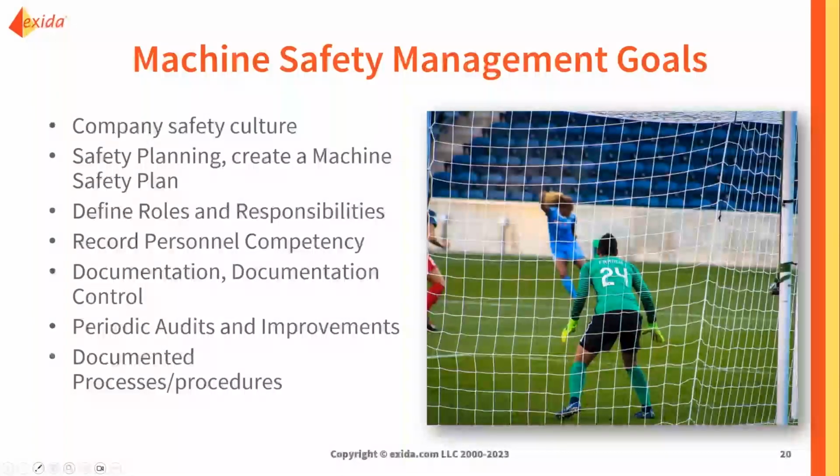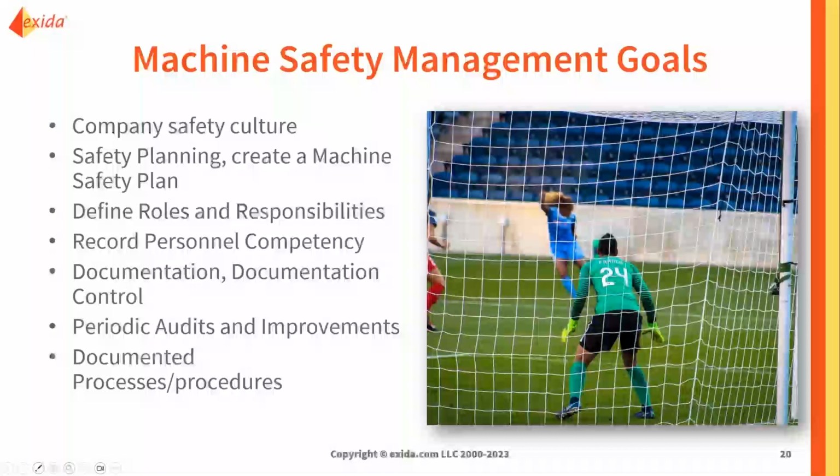From a machine safety management perspective, what are really the goals that you're looking to establish? Building a company safety culture, building the awareness of the hazards, building the buy-in to do things right, do things consistently is very important. It can't just be done by a single person. It really takes the whole group.